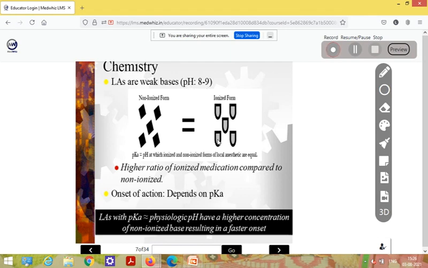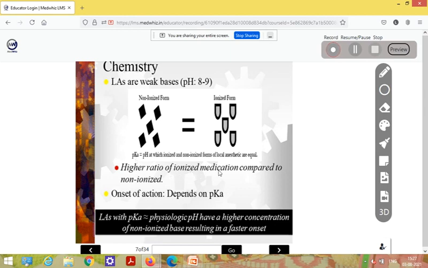What ideally happens when you meet an acidic pH is that they are obviously going to be dissociated. So more of it is going to be in the ionized form, thereby reducing the entry through the lipophilic membranes. Okay, so when the non-ionized form is equal to the ionized form, that is the dissociation constant.